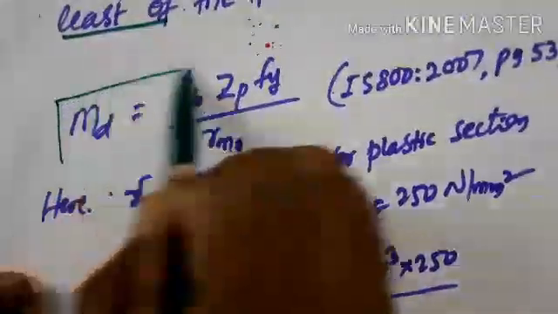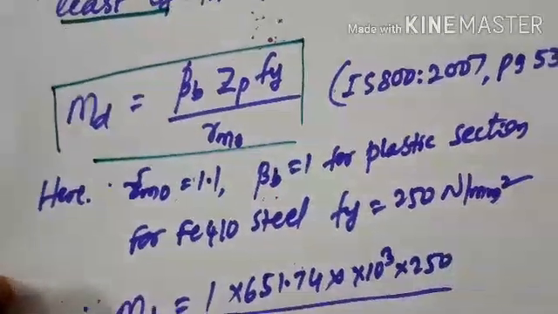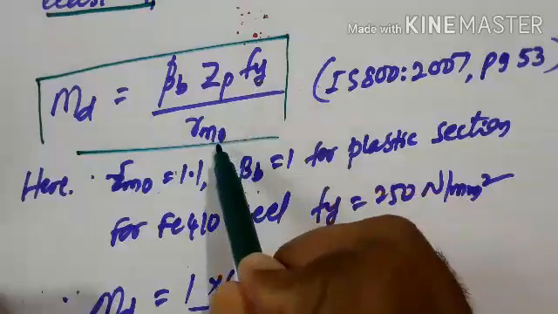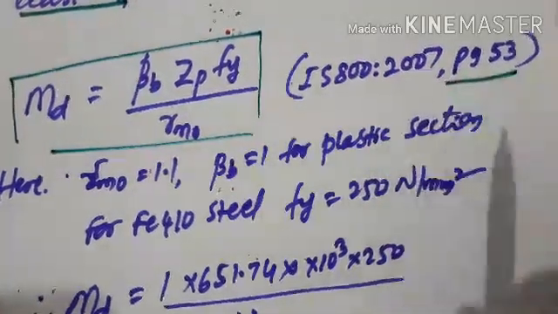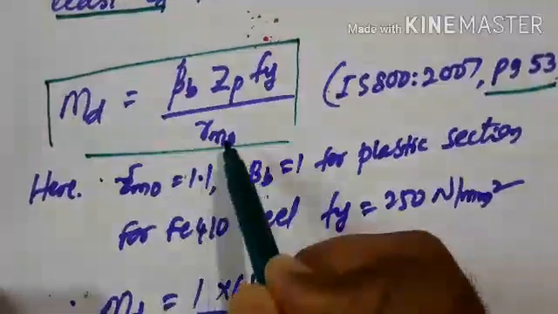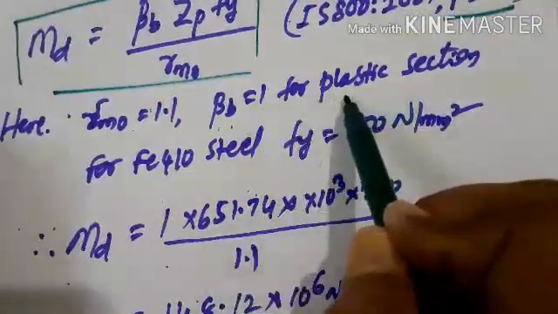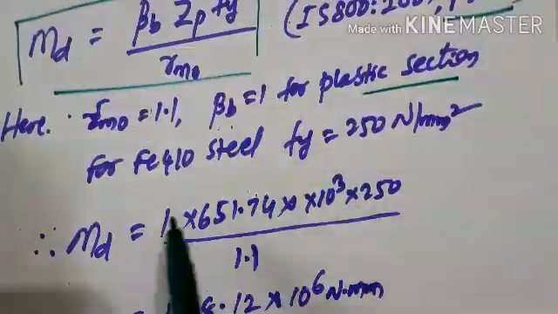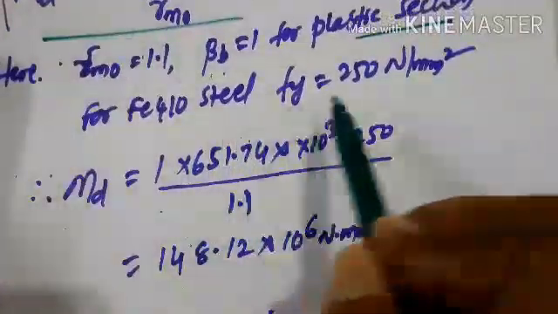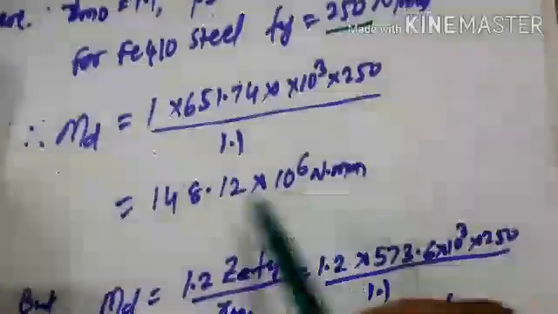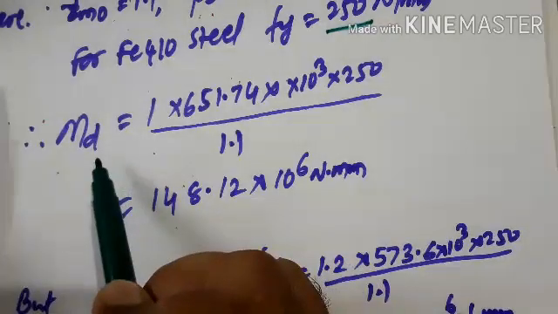The first is Md equal to beta b Zp fy by gamma m0, as per IS 800:2007, page number 53, where gamma m0 is 1.1, and beta is 1 for a plastic section. For Fe410 steel, fy is taken as 250. Then substitute all the values in the above equation.